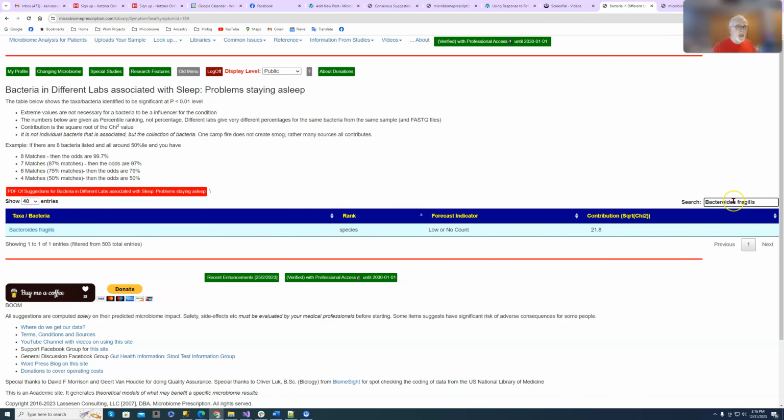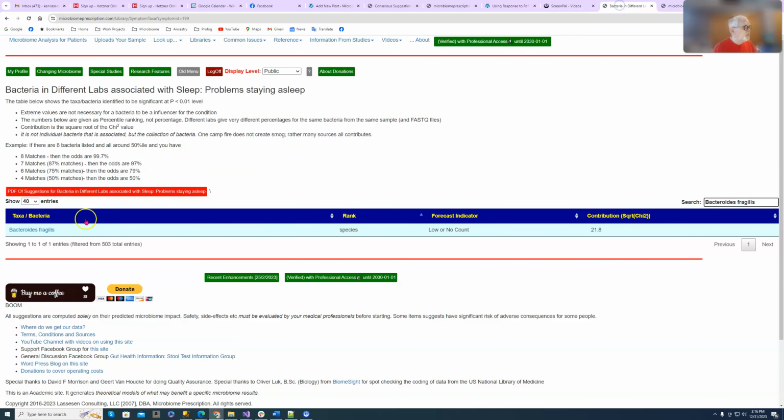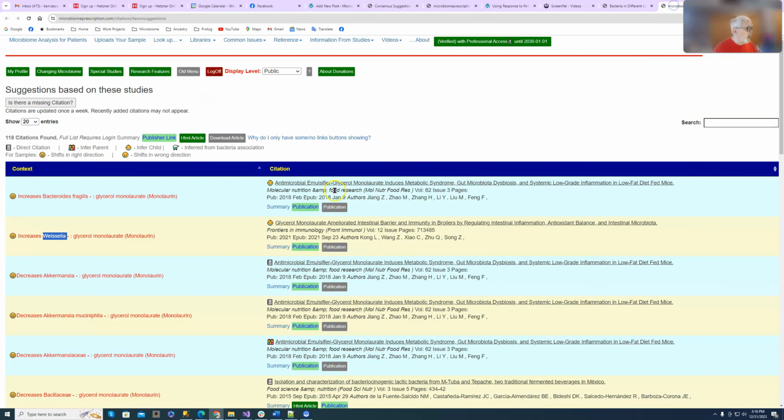And there we see that a low amount is associated with problem staying asleep. And since this is a happy increase, it means he has low amounts. So that would explain his sleep. How about trying the next one? Voila! Another one which is low count and which we are improving. And we could go down.